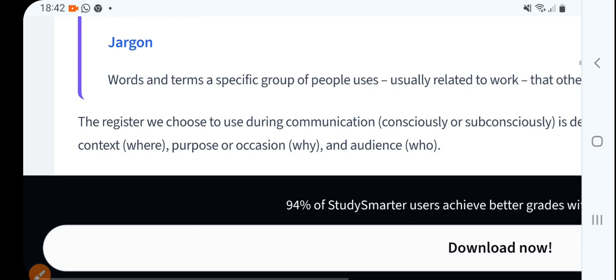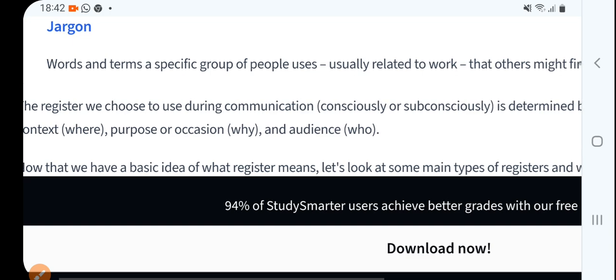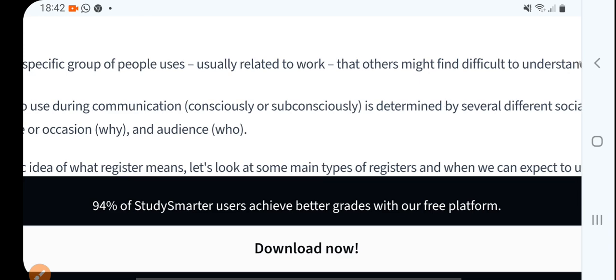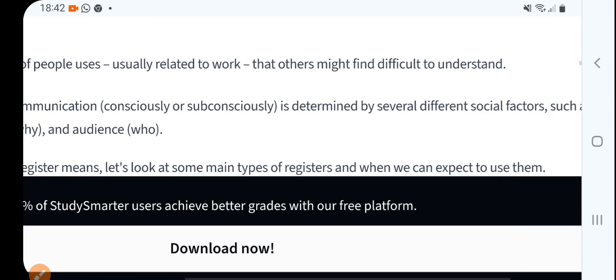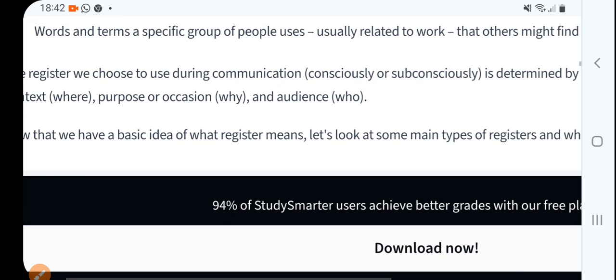Now jargon is very important. Jargon means words and items a specific group of people uses, usually related to work, that others might find difficult to understand. Suppose I give the example of doctors.